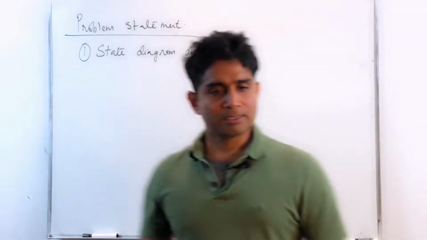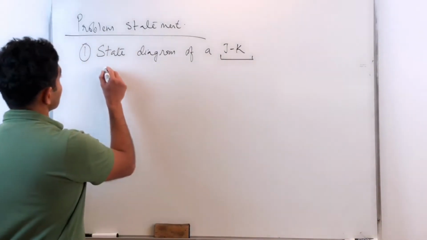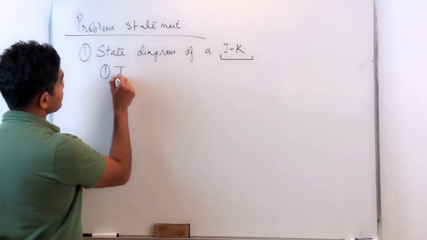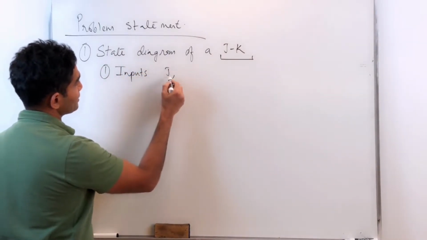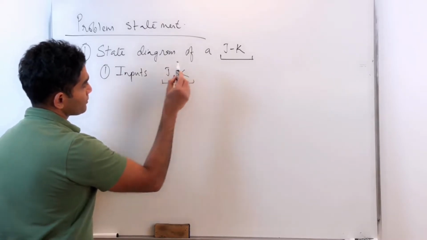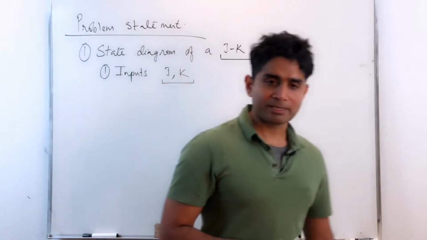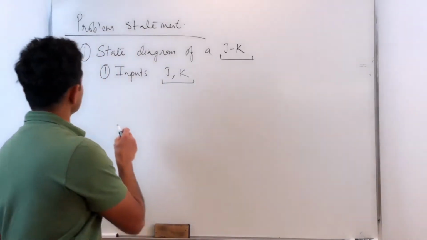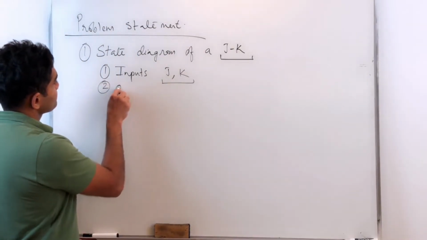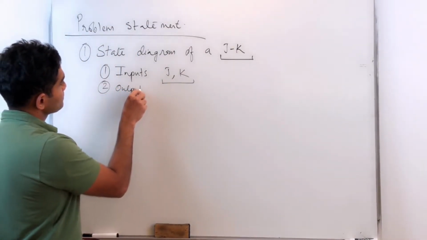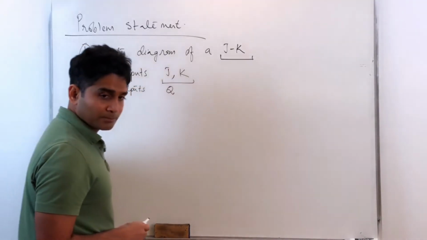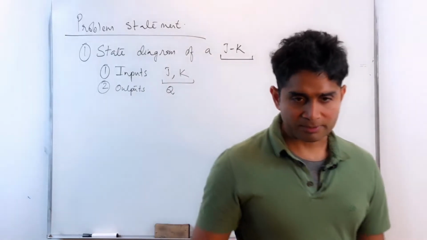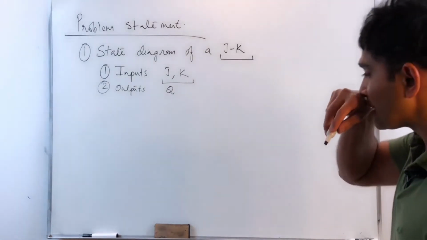Again, the first thing is to identify the inputs. My inputs are, in this case, two inputs, J and K, right? For a J-K flip-flop, I have two inputs, J and K. My outputs: I have Q, the output of the J-K flip-flop. That's my output.